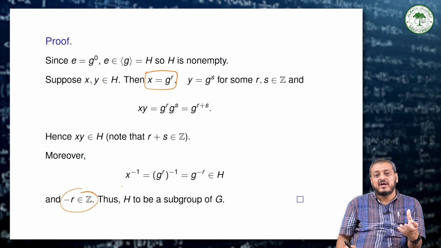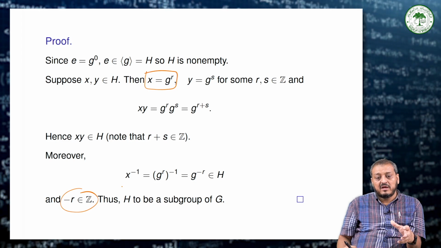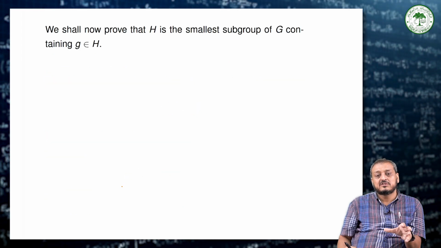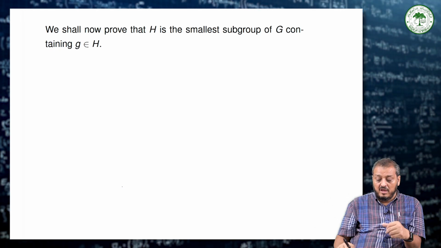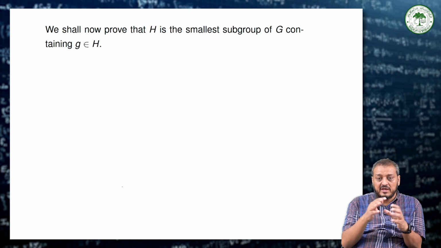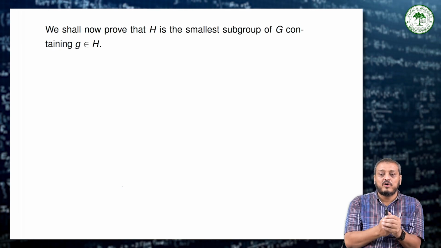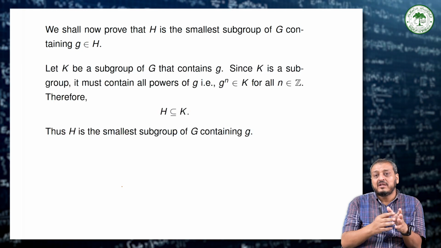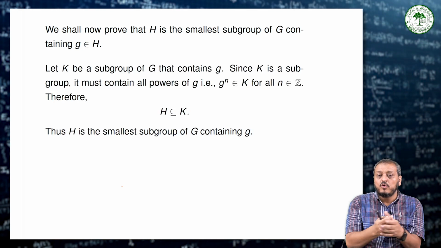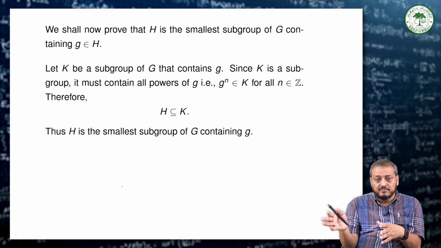Now we have to show that this subgroup is the smallest subgroup of G containing g. So we shall now prove that H is the smallest subgroup of G containing g. So let K be a subgroup of G that contains g.